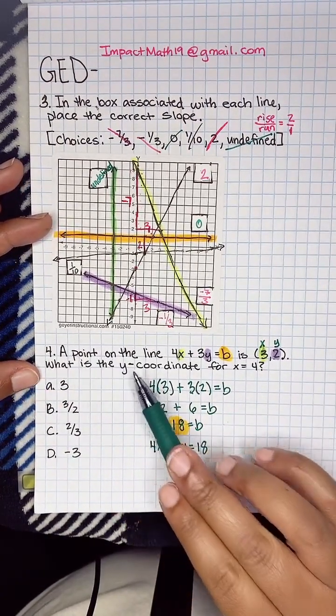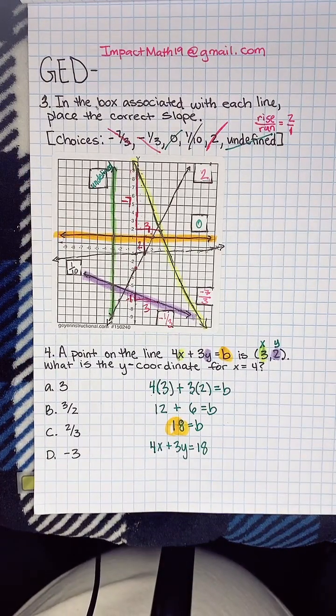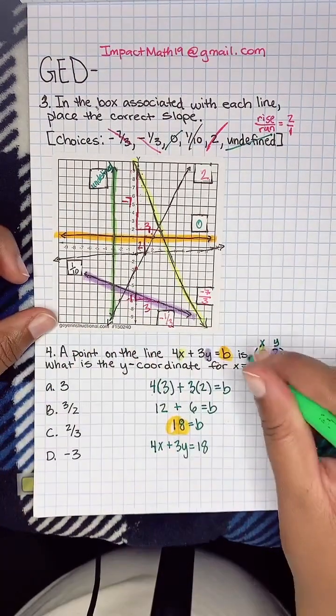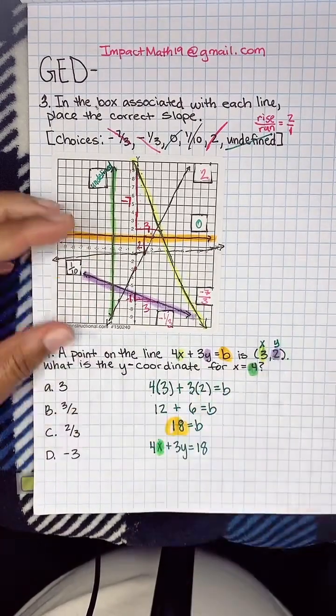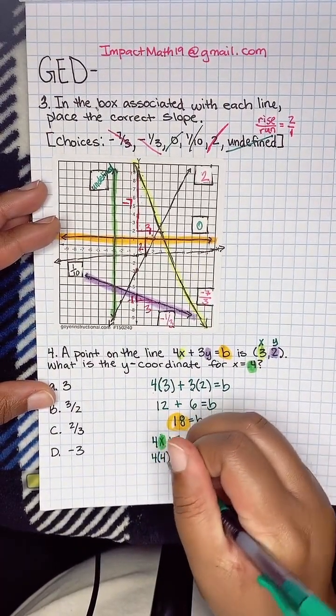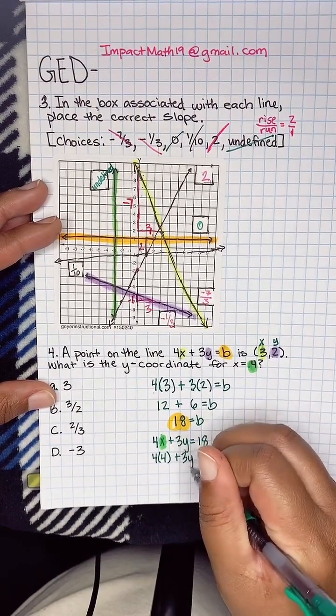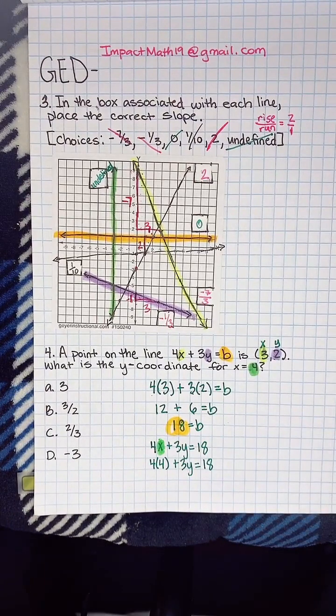Well, they want us to find the y coordinate for when x equals 4. So that means we're going to plug in this 4 in for this x and solve for this y. So we get 4 times 4 plus 3y equals 18. All right. What do we do first?